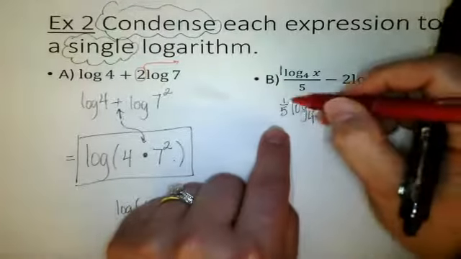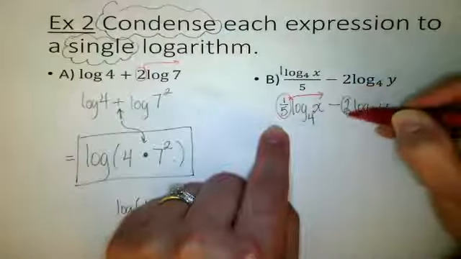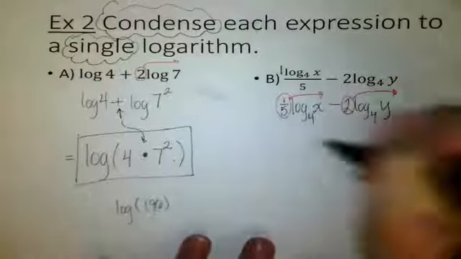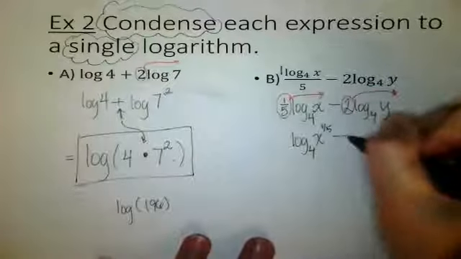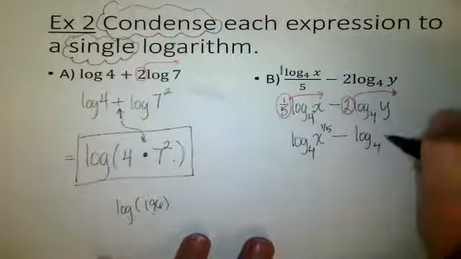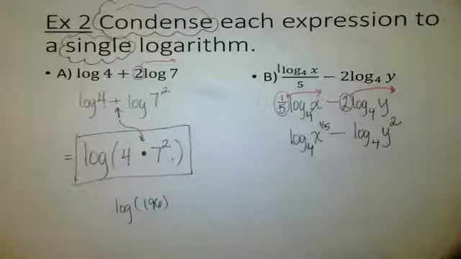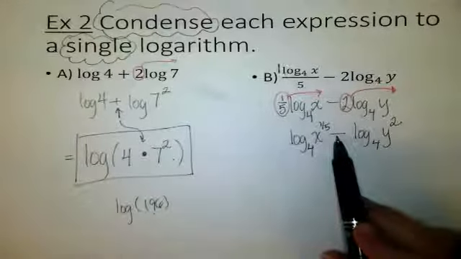X to the 1/5. Yes, it's a power. We get to move the power back up. I'm also going to leave this negative here. Just going to take the 2 and move that up into its power position. So I have log base 4 of x to the 1/5 minus log base 4 of y to the second. Now, what property allowed us to subtract the logs?